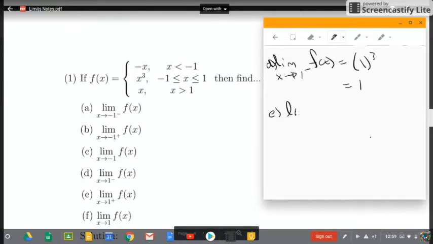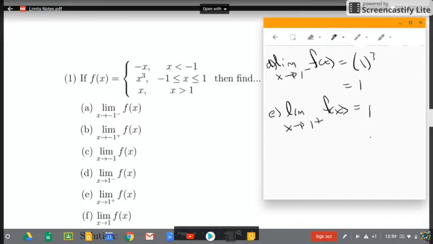This is going to be the limit as x approaches positive 1 from the right of f of x. This is right here where x is greater than 1. So it's this function right here because this is the interval over which that's defined. Now I know that that's just going to be that function x.